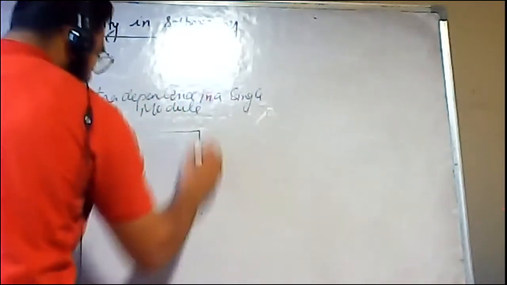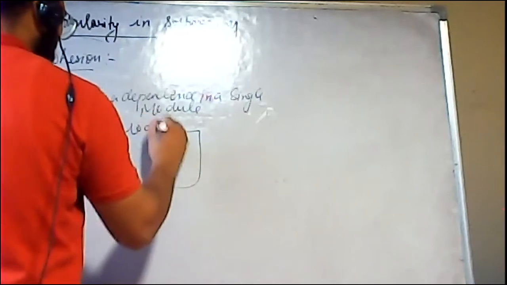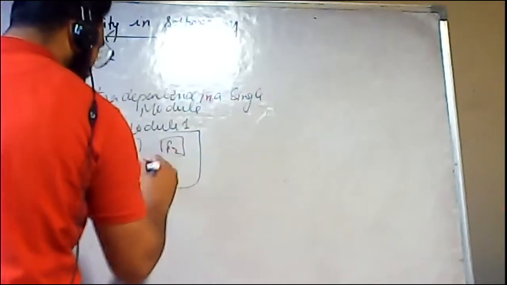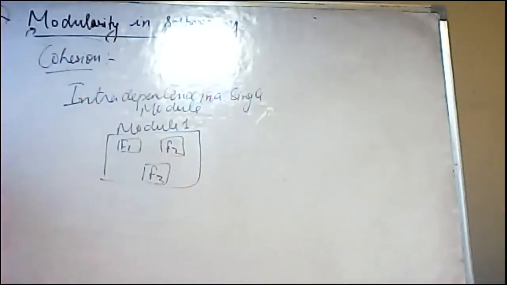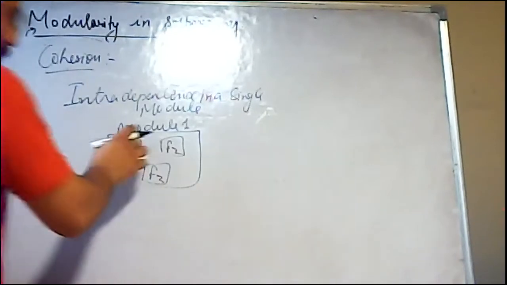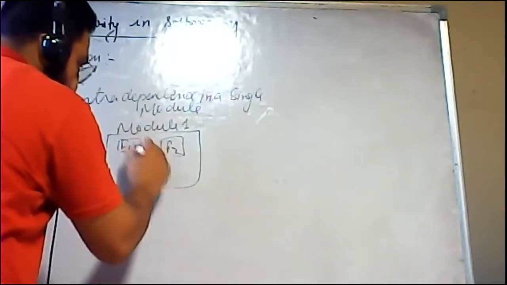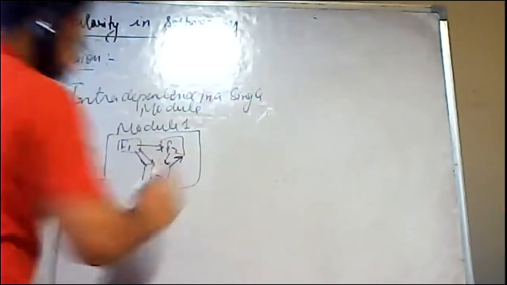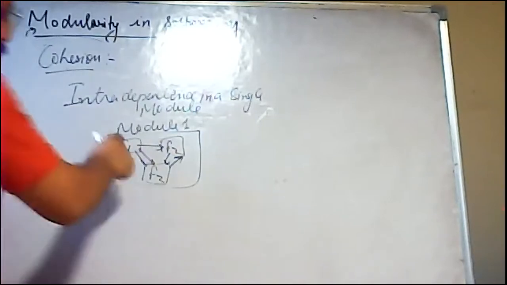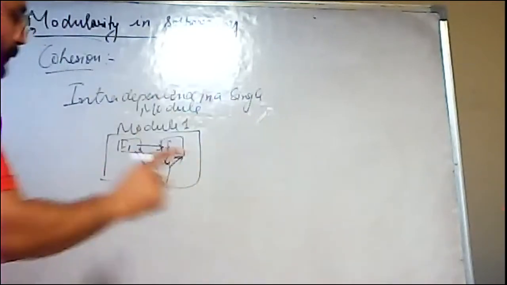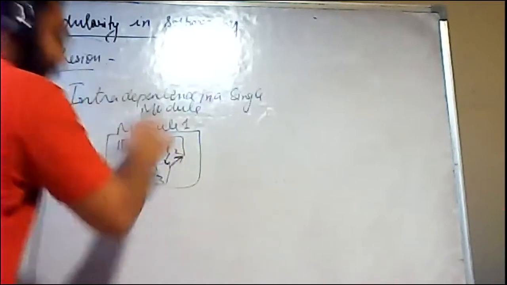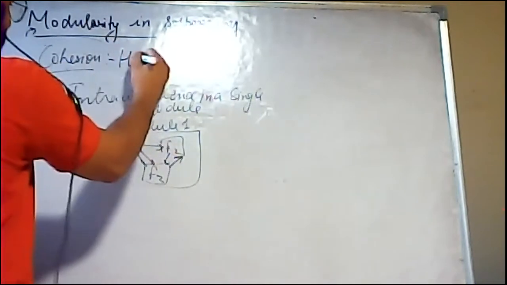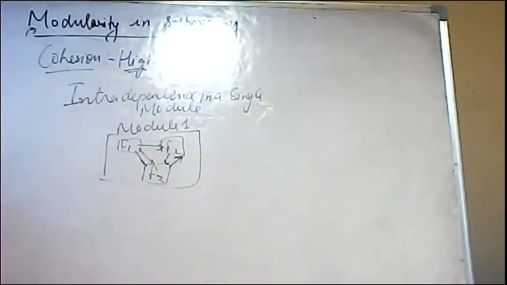If there is a single module, module 1, having different functions F1, F2, F3, then in a single module, the functions should be dependent on each other. That is cohesion. It should be high. Within a single module, the functionality should interact with each other, and cohesion should be high while designing the product.